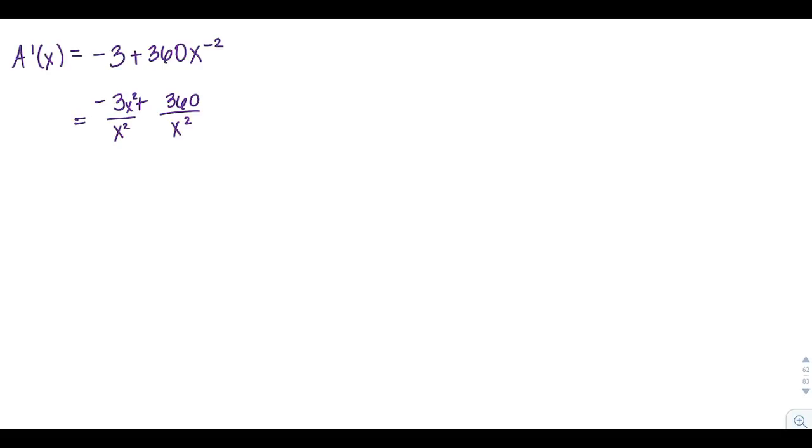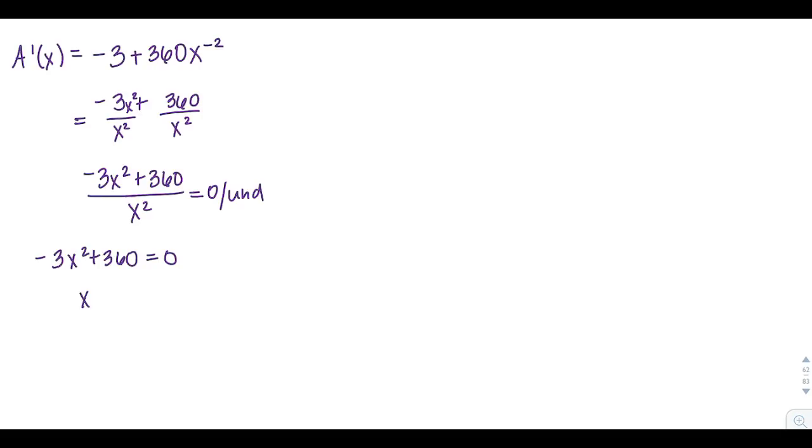So we are going to set negative 3x squared plus 360 over x squared equal to 0, or undefined, to find my critical values. To set equal to 0, I'll set the numerator equal to 0.